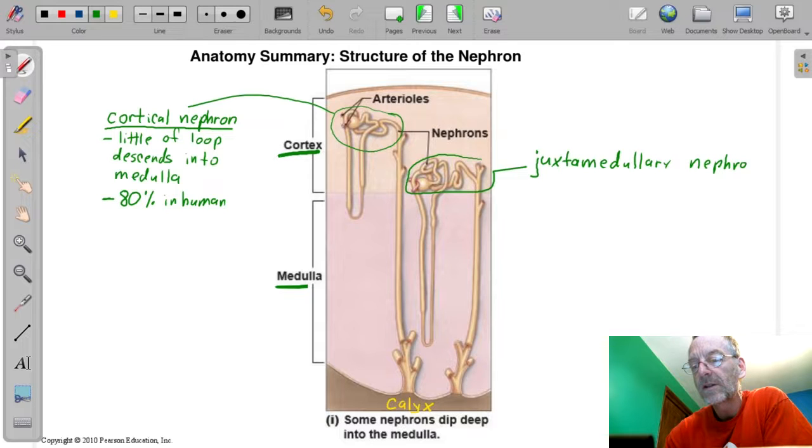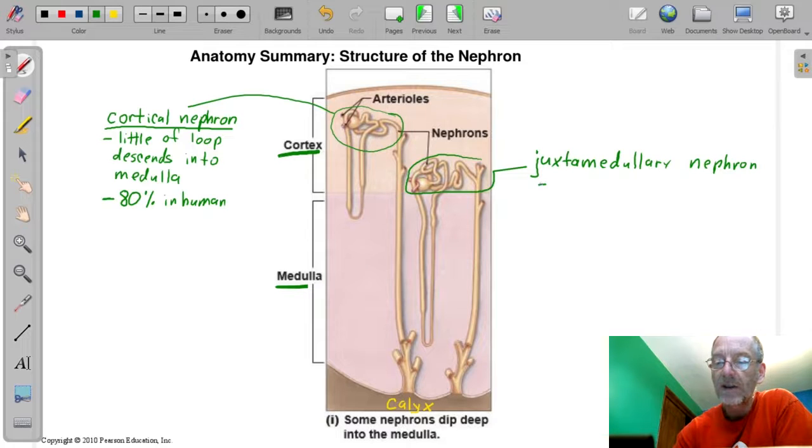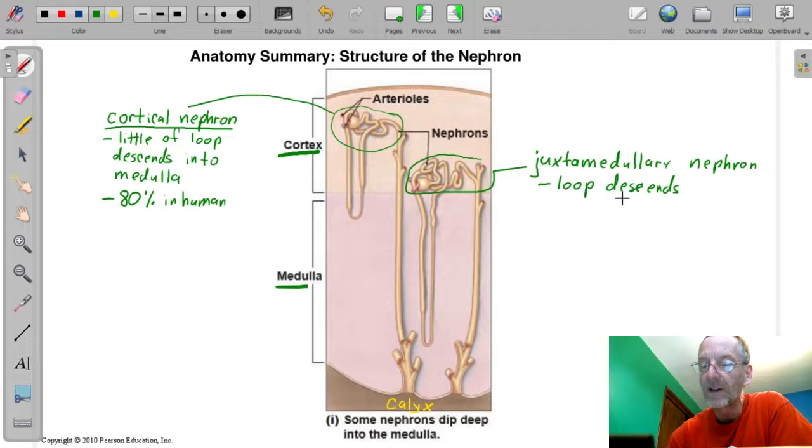The thing to note on these is that the loop descends deep into the medulla, whereas the cortical nephron just barely dipped into it.